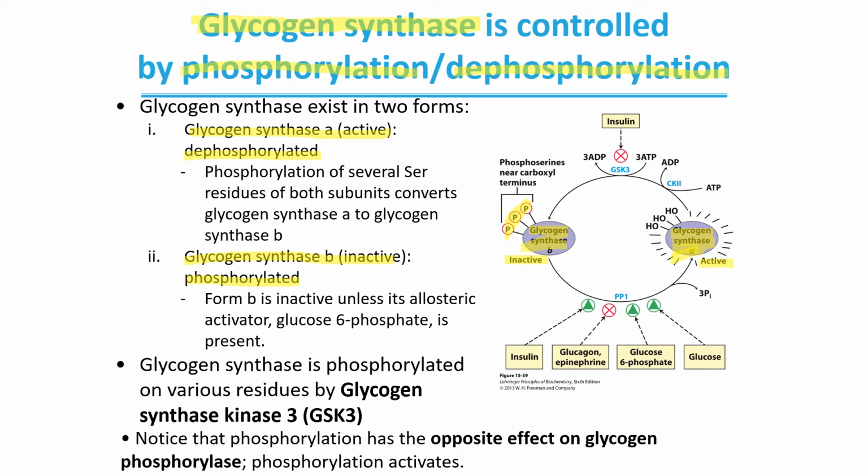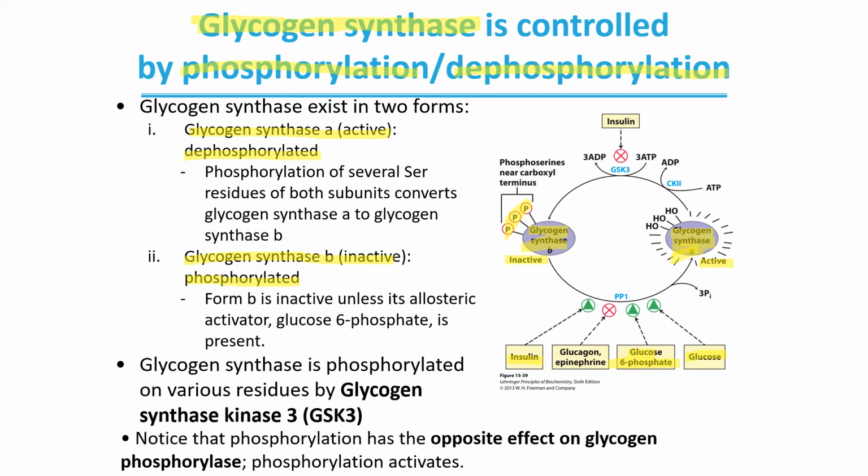All of these green colored signals at the bottom that you can see, these molecules, insulin, G6P or glucose 6 phosphate, and glucose itself, all have a positive effect on this reaction going from left to right side. So these molecules are making the glycogen synthase active, and it makes sense as well. Insulin has a positive effect on glycogen synthase, also glucose and glucose 6 phosphate, because these are the actual molecules that are going to be used in the synthesis of glycogen.